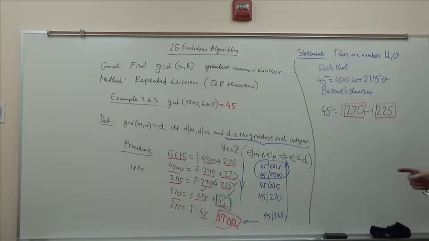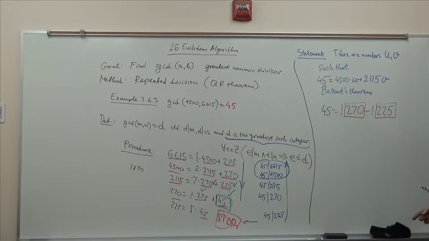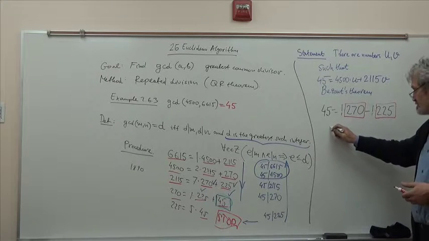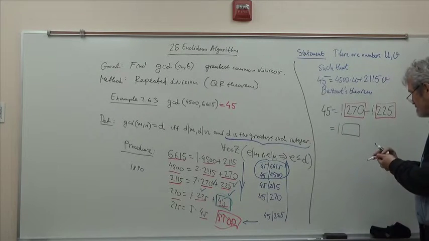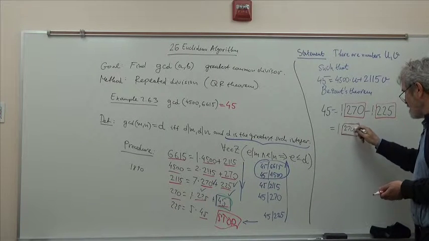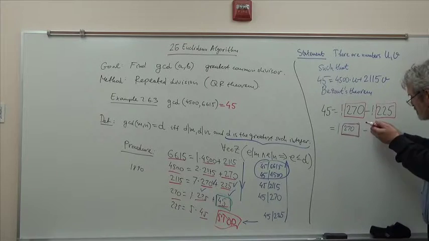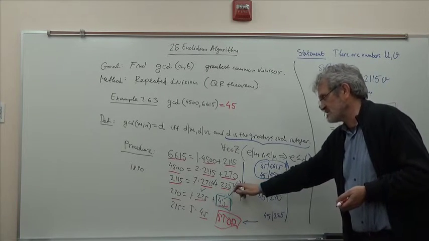Then what do you do? In your list, 225 is kind of younger than 270, smaller, showed up later, and this is what you do. You keep the older one, 1 times 270, and you trade the other one. You trade 225 according to the previous list.